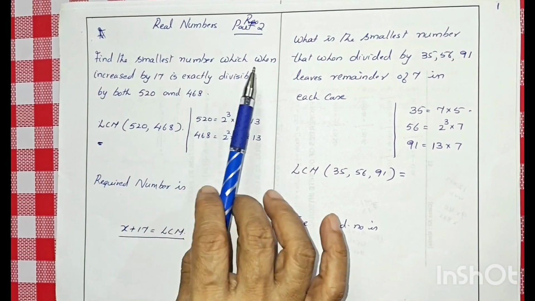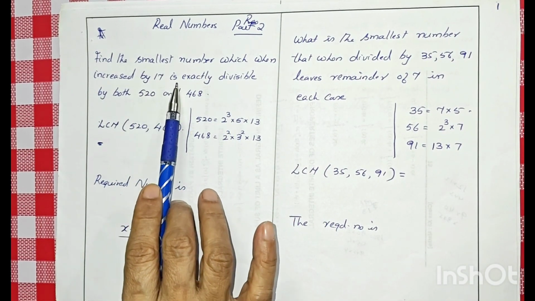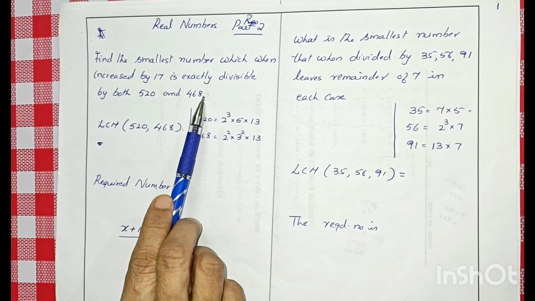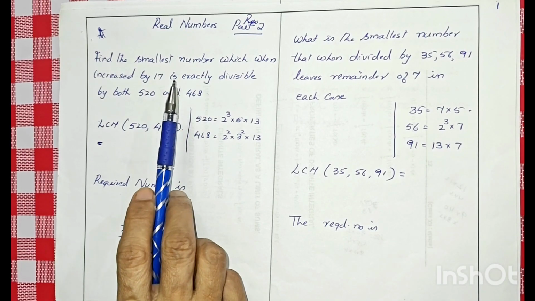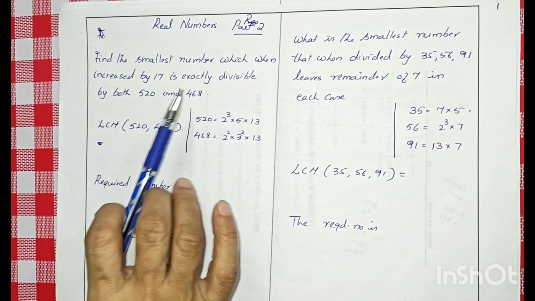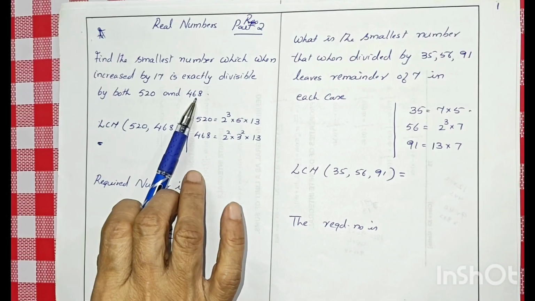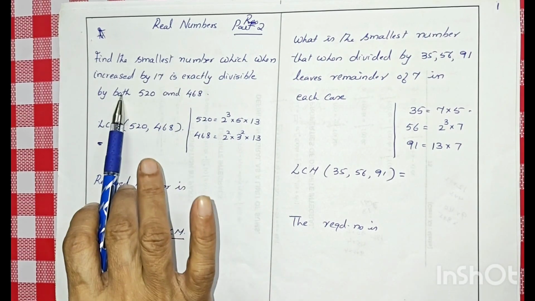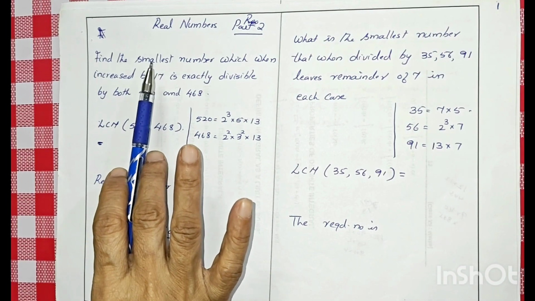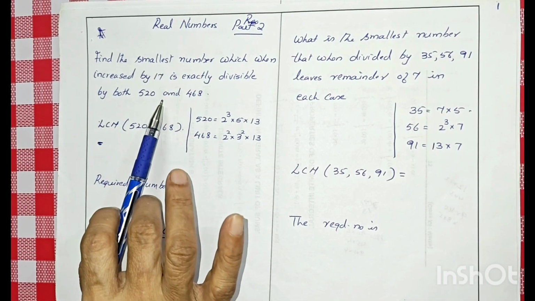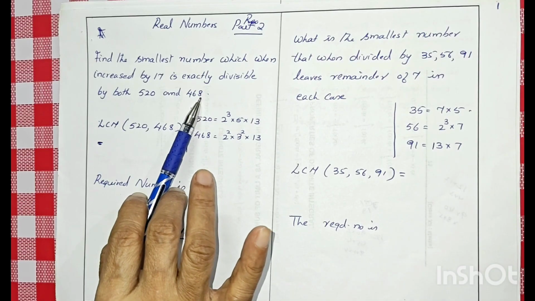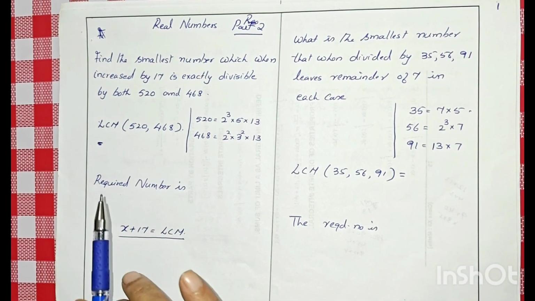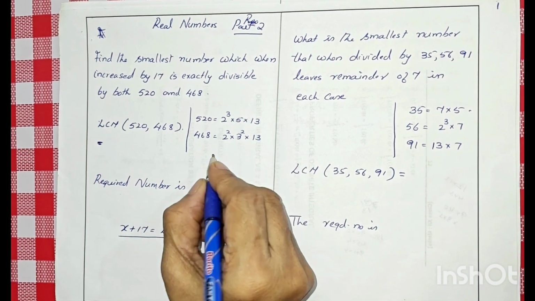Find the smallest number which when increased by 17 is exactly divisible by both 520 and 468. So some number has to be divided by 520 and 468. The smallest number which is divisible by these. That means you need a number in the numerator, and that number is going to be divided by 520 and 468. So you have to find the numerator, so it is LCM.